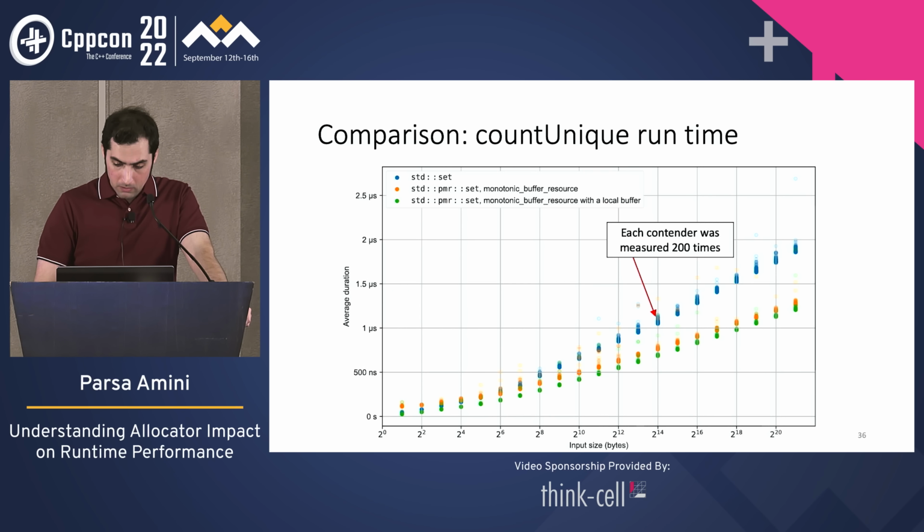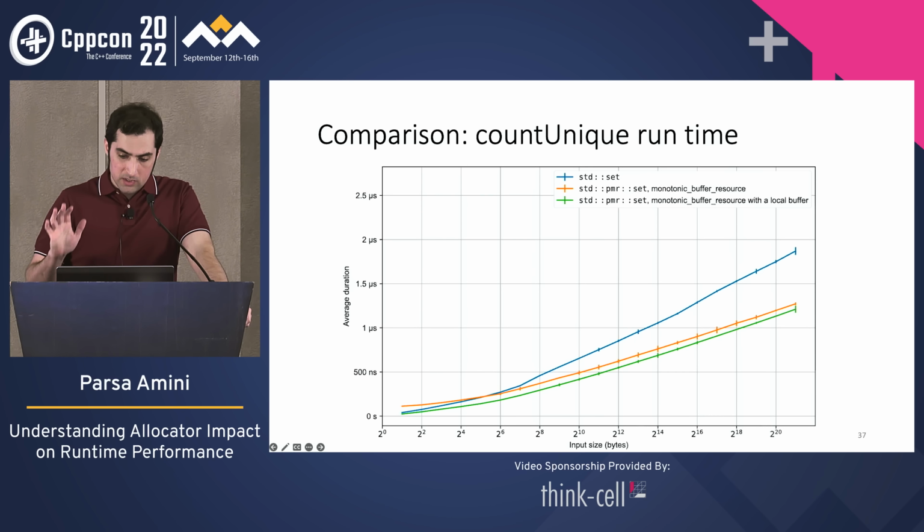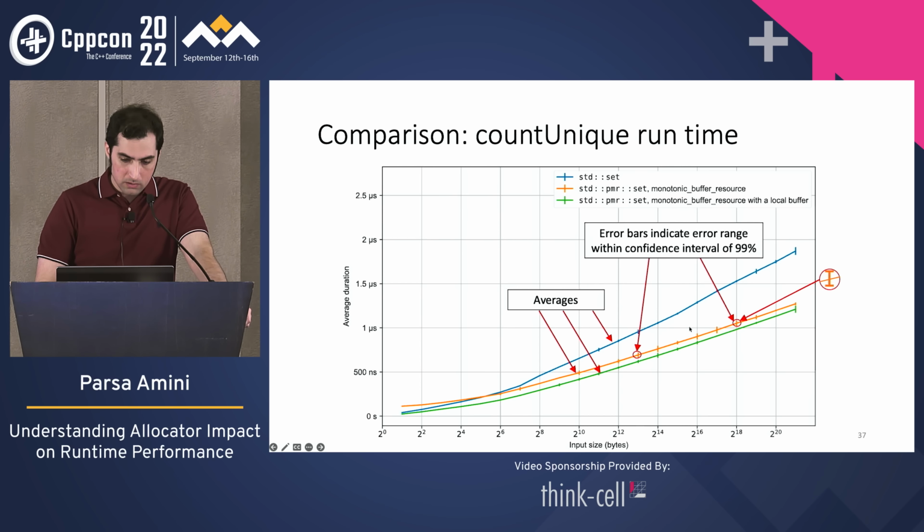That's why. The next thing we did is we took the averages of our data, plotted those, and added error bars. These are the averages. Our error bars measure the range within which the true value of each measurement is supposed to be within a confidence interval of 99%.